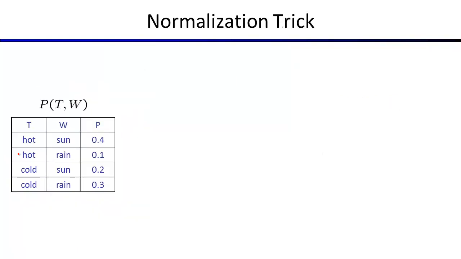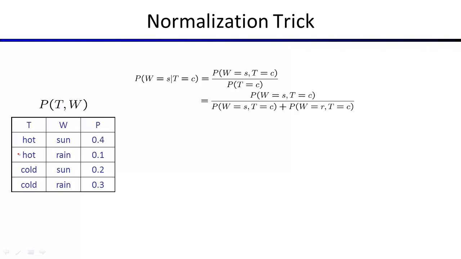So here's what you do. Let's say you start from the joint distribution, and you want a conditional distribution. Well, let's say we condition on temperature equal cold. One entry would be this entry over here, which we know how to compute. Another entry would be the one for weather equal rain.